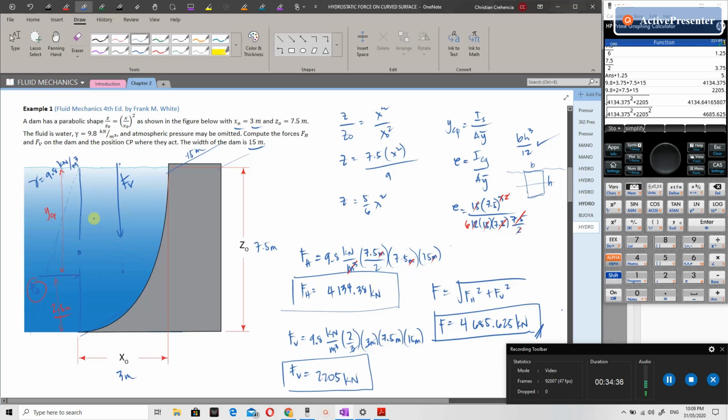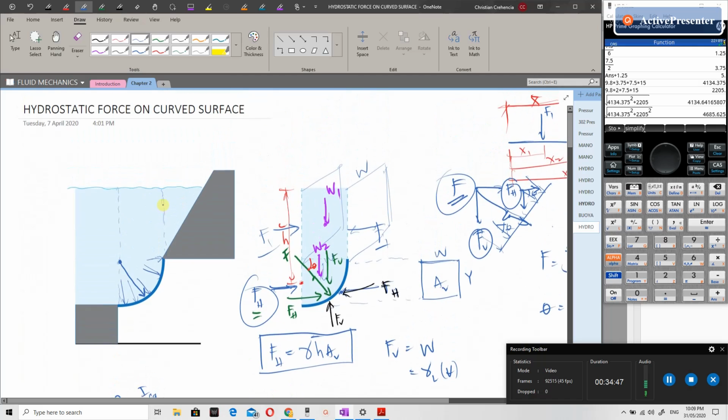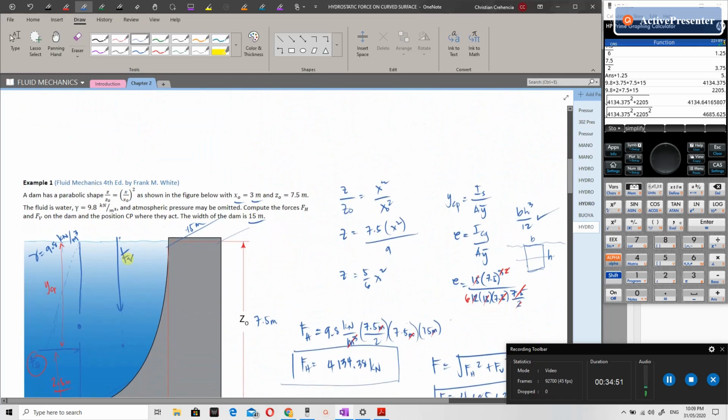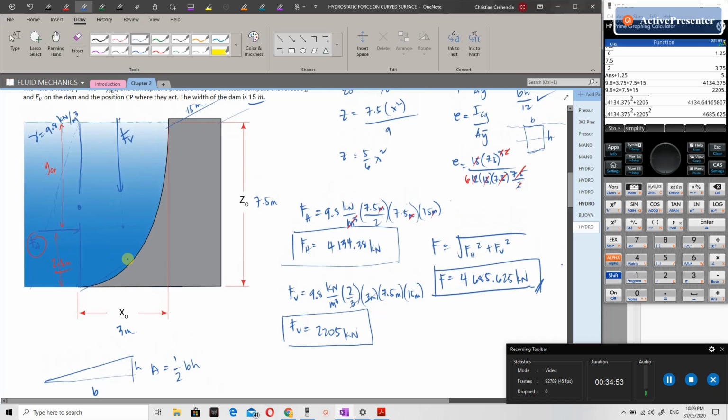So wala siyang isang point na dinadaanan kung i-divide natin to into smaller areas. So yung mga hydrostatic force dun sa mga maliliit na area na yon will not have the same point unlike dito sa circular. Okay? So vertical is 2,000, horizontal is, so i-expect natin na mas pa-horizontal yung ating force.